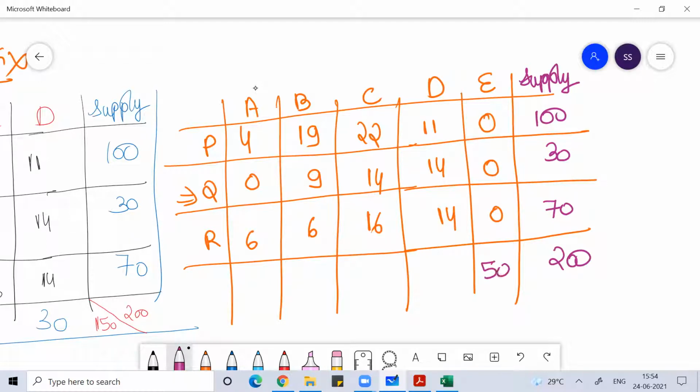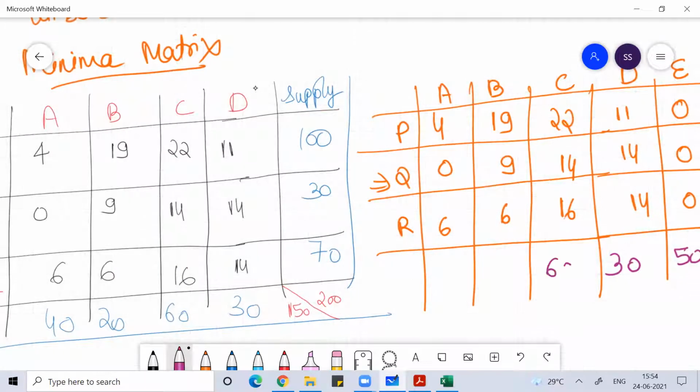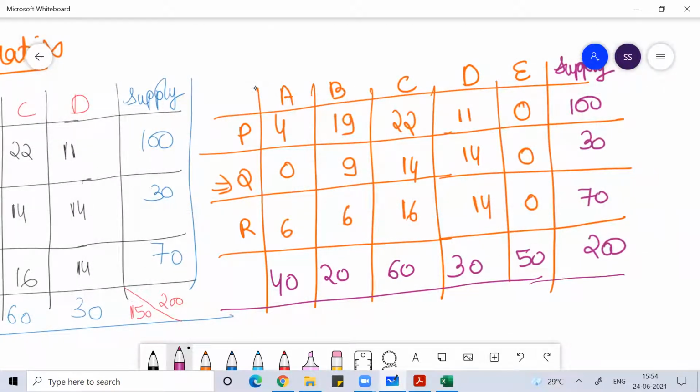The demand is 50, then 30, then 60, then 20, then 40. Clear, everyone? Thereby your total sum of supply becomes equal to the total sum of demand.